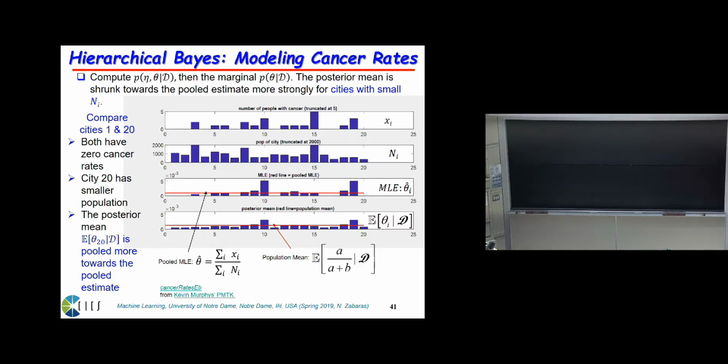So again, the posterior mean is the convex average of the MLEs, some of which are 0, and also this pooled mean, the prior of theta, if you like, where the parameters have been computed using all the data. Okay?